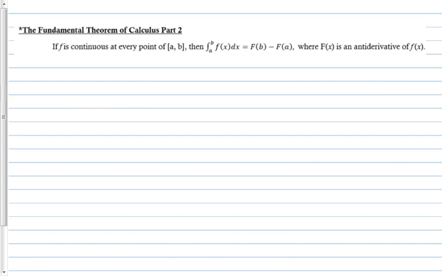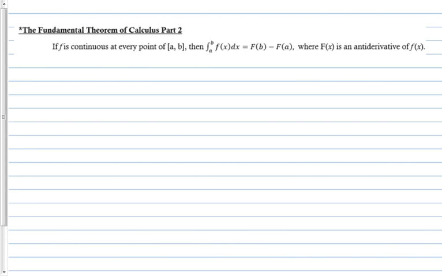Okay, on the back. The fundamental theorem of calculus part 2. Now, this we've already done. Now we just have a name to go along with it. When you are integrating, right, when you're solving for integrals, you are doing the fundamental theorem of calculus.